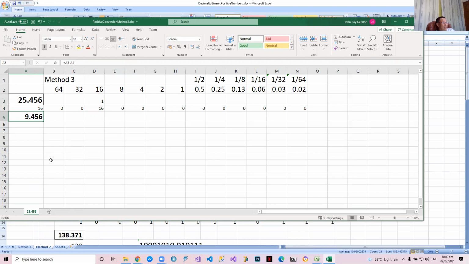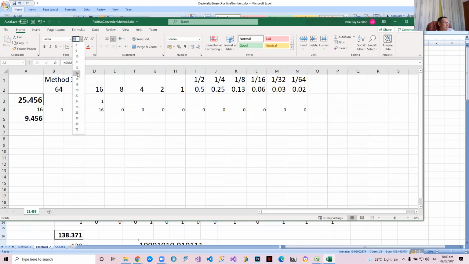Method 3 na tayo, no? Now, we have 16 here. Let me just enlarge this a little bit. We have 16. What can we have, 9.456, right? What can we pick? We can pick 8. So we just pick 8. Okay, you follow? So the leading zeros we will just disregard anyway.